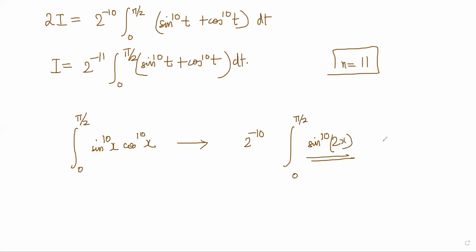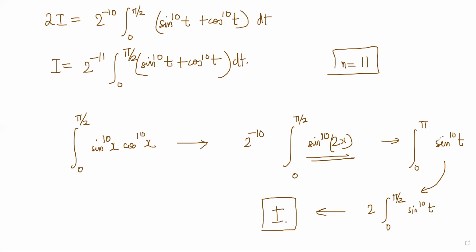We changed the variable, made it 0 to pi sine power 10t, and then changed it again by using a property that it is 0 to pi by 2, 2 times sine power 10t, and then added it to the complementary cos integral and finally got I, right? So multiple steps, 2, 3 different properties were used, but it was completely doable, not very difficult or anything. Let's move on.